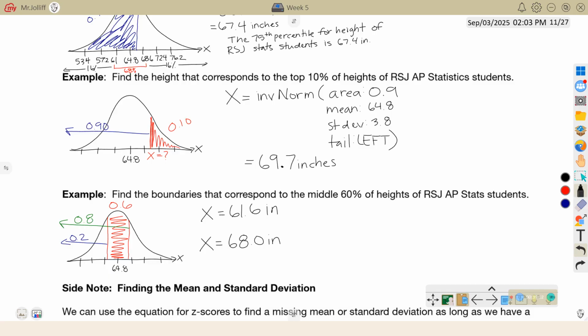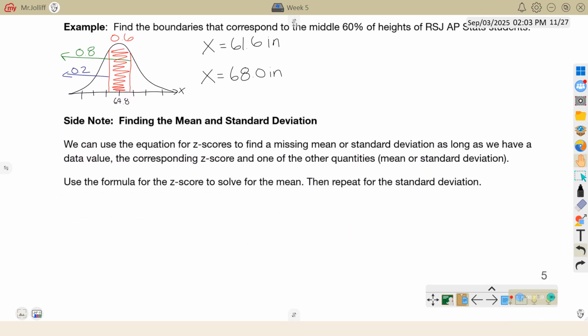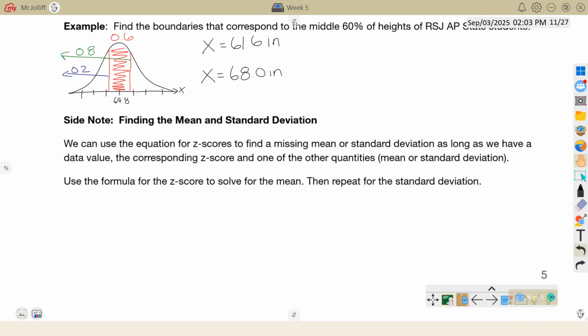Okay, I'd like to give one more warning, and then we're going to be done with notes, and I'll give you some work time. If I could get your attention, this is important. Okay, on your homework, you will see a couple of questions that are going to give you information about a normal distribution, and they're going to ask you to find the mean or standard deviation instead of the z-score or the data value.